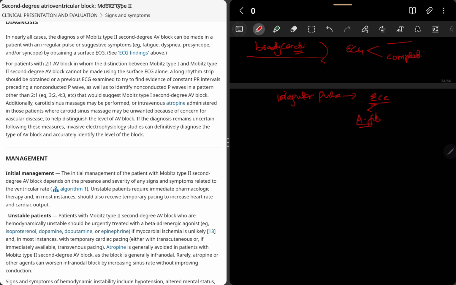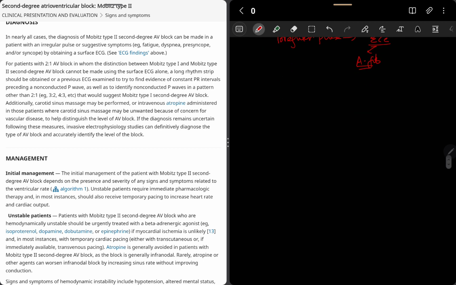In AFib we get an irregular pulse, but in blocks we can get an irregular type of pulse too, because there is a pattern of 3:1, 4:1, 2:1. If there is a 2:1 pattern, then it's difficult to judge whether this is Mobitz type 1 or type 2. For that we need 2-3 things as already described: PR interval greater than 200 or 300 and narrow QRS.